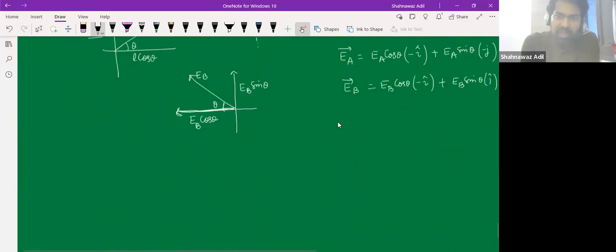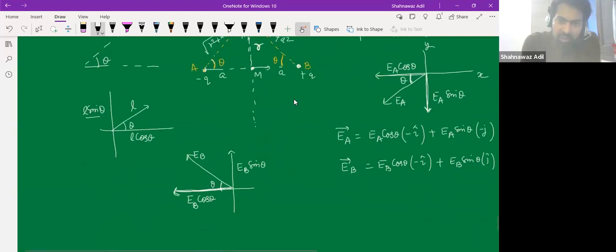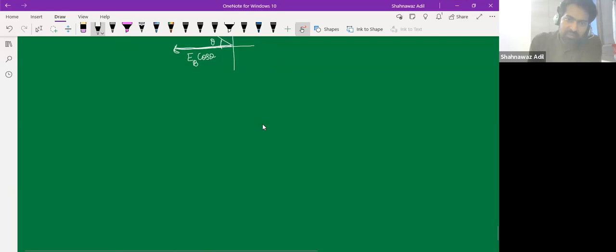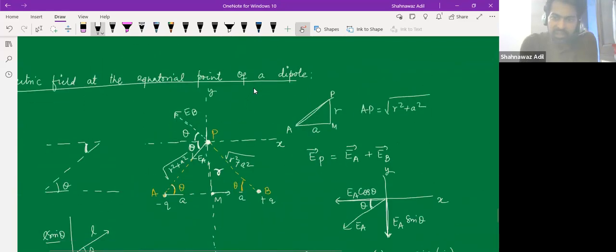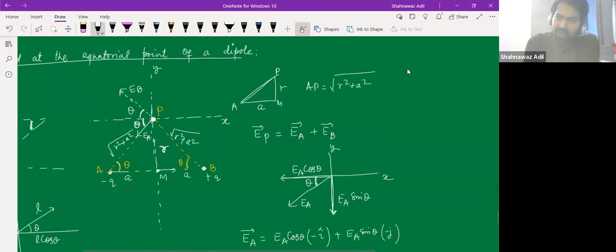Okay. So now we have to add. Before we do that, let us find out what would be the magnitude of EA and what would be the magnitude of EB, right? So for a point particle, let me write it in here so that it is good. This is the point particle, this is the distance, right?